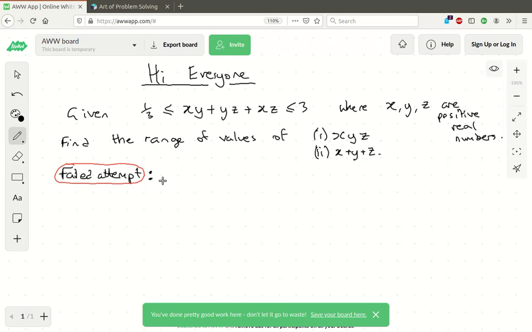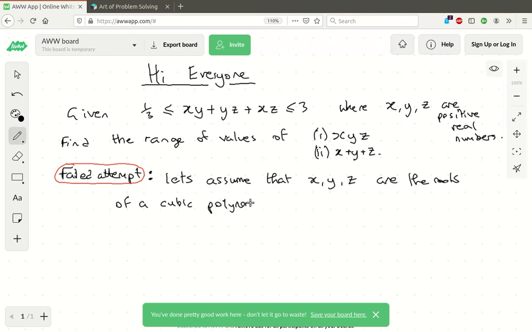So what I did was I said, okay, let's assume that x, y, and z are the roots of a cubic polynomial, and I'll call it p cubed plus bp squared plus cp plus d equals 0. Now, I want to talk about that assumption.